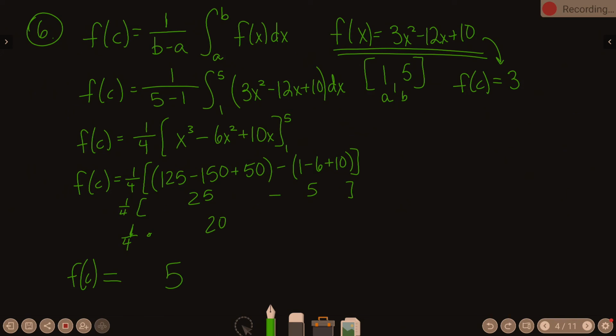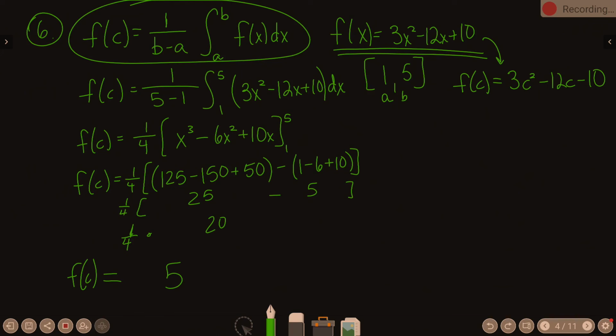It's one of those days. I have zero excuses. So f of c, one way I found f of c was using the given formula. The other way to find f of c is to plug c in. So f of c is going to be 3c squared minus 12c plus 10.